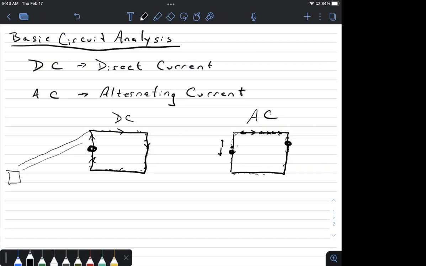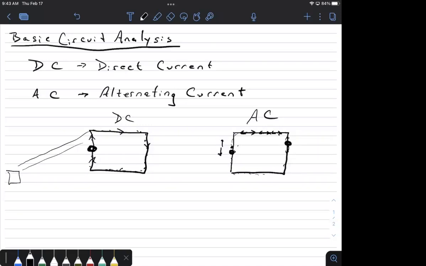And it turns out that it actually takes way more energy to do it by the DC method than the AC method. If you try to transfer the power by AC, by jiggling the electrons rather than physically pushing them all the way through, then the amount of energy you lose in this traveling is a lot less.